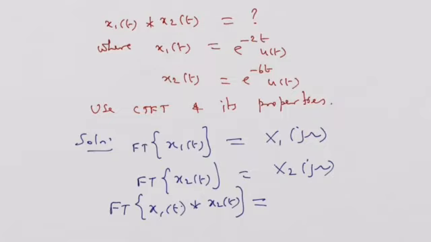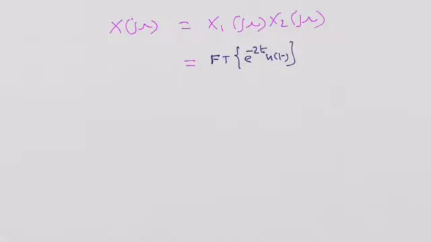You can simply take x1 of j omega and x2 of j omega and multiply them. It is equivalent to applying Fourier transform on the result of convolution of x1 of t and x2 of t. That is the convolution theorem.